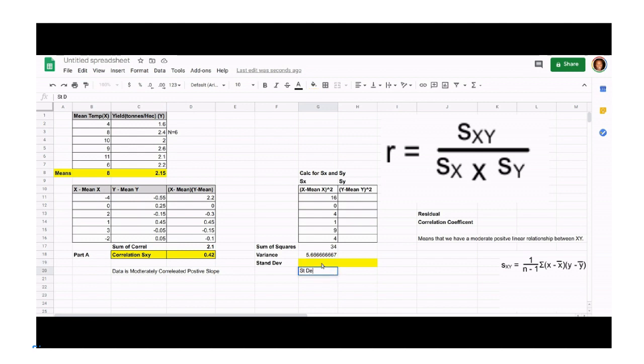To do that, you have to use the square root function with an open bracket, then hit the cell where the variance is, and you're done. So that's your standard deviation of X, right? So one more time, square root, the number above, hit enter to commit, and there is your answer, 2.3804, okay?